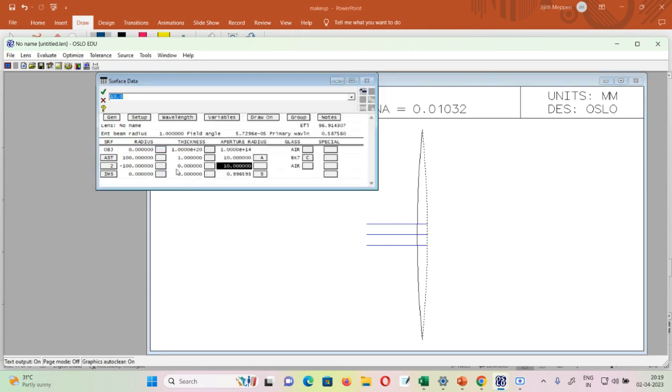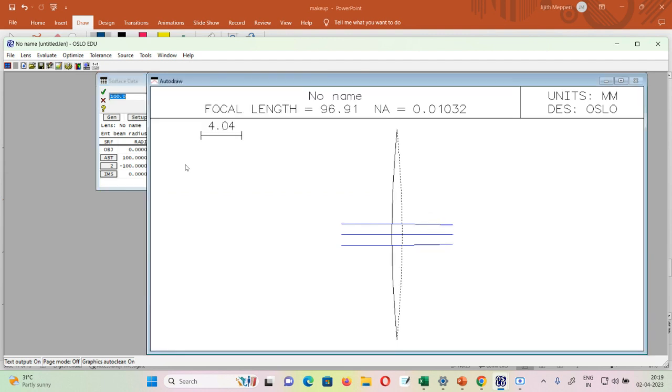Now I can put some extra distance here such that we can show how the rays pass through the lens. You can see exactly how it is passed. Now, what is the focal length of this system? It is showing 96.91.